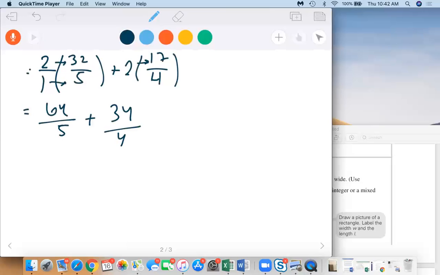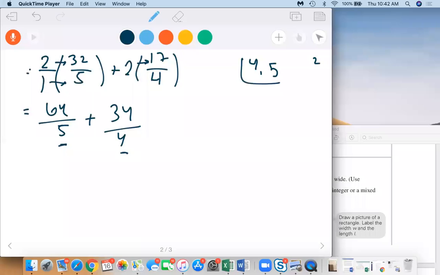Can we add those numbers like they are? Well, we can, but there's something we need to do first, right? We need to have the least common denominator. The easiest way probably to do this one, let's go ahead and do the division method.